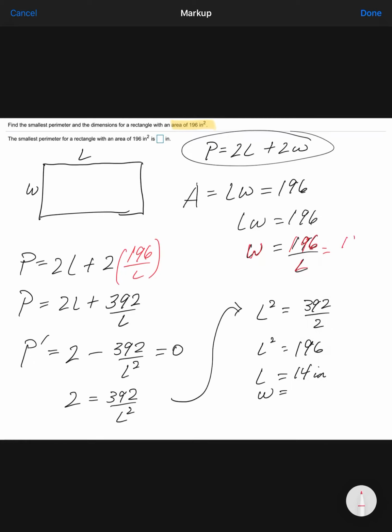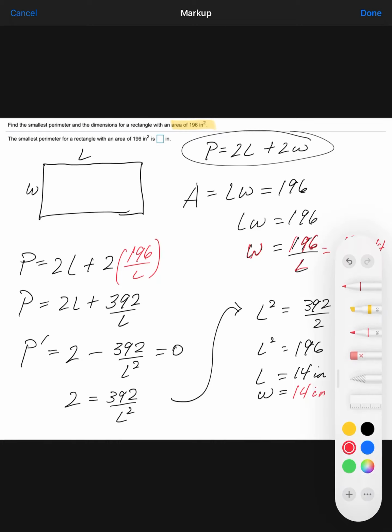Width is 196 over the length, which is 14. So the width is also 14 inches. The problem asked us to find the perimeter. So we'll plug all of that back into our initial perimeter formula.